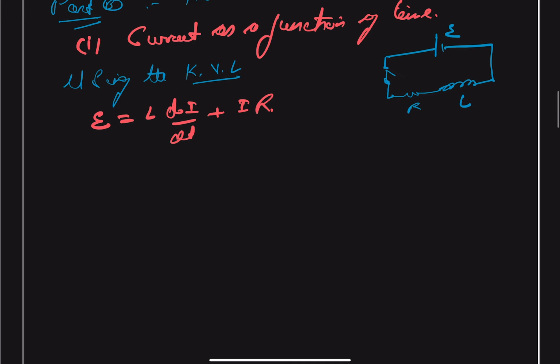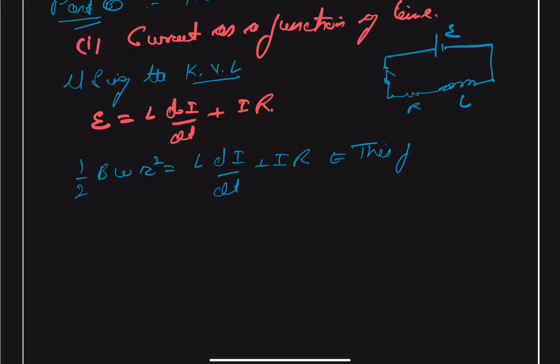And the induced EMF we already know, we found out in part A. We can write this as half B omega R square is equal to L di/dt plus IR. Now this is our first order differential equation.